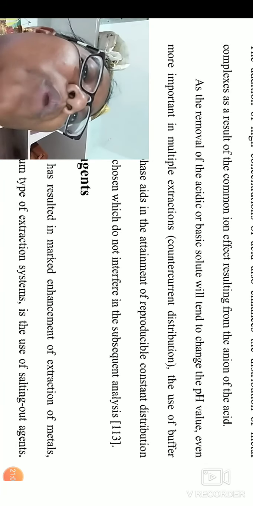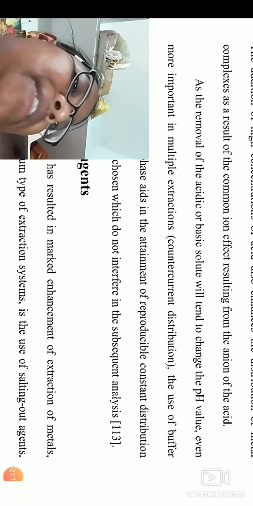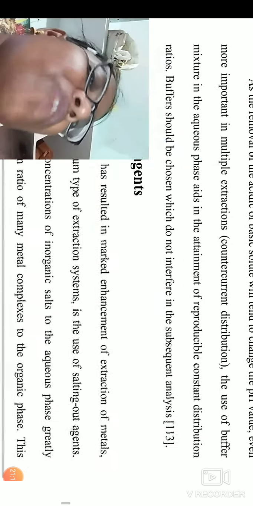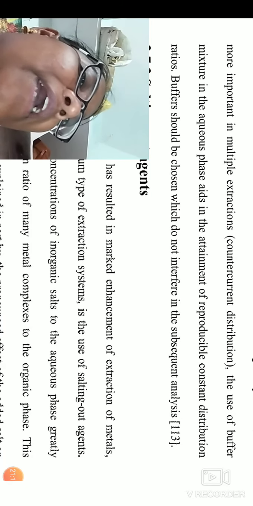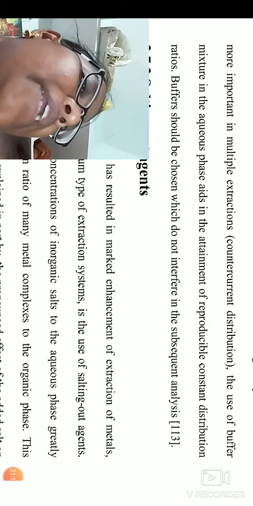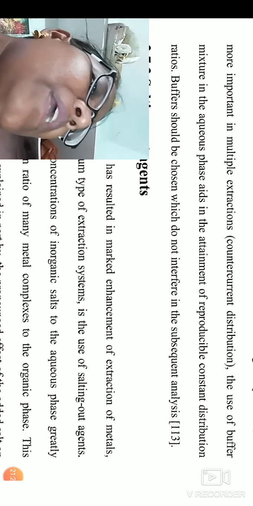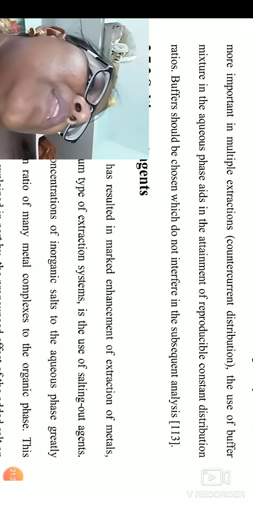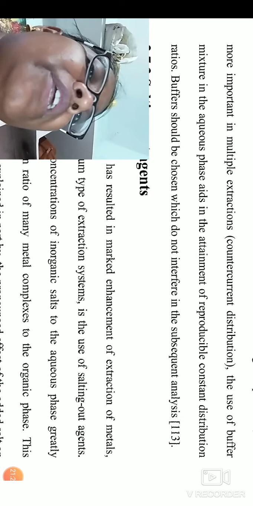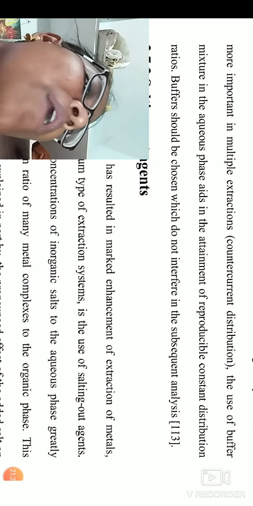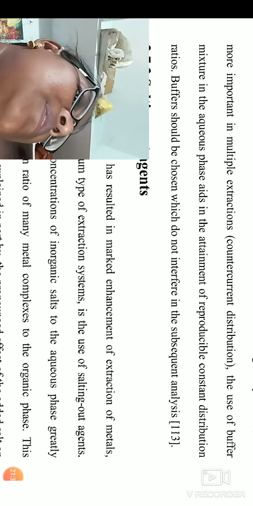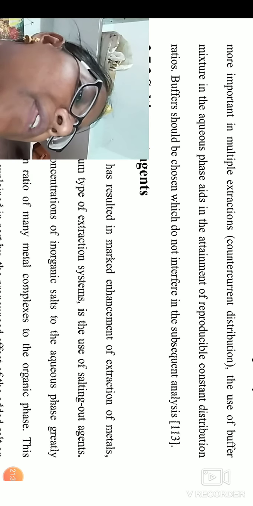Even more important in multiple extractions, the use of buffer mixtures in the aqueous phase aids in the attainment of reproducible constant distribution ratios. Buffers should be chosen which do not interfere in the subsequent analysis.